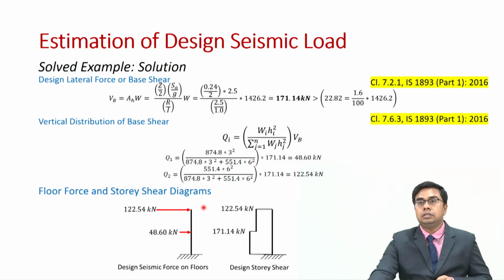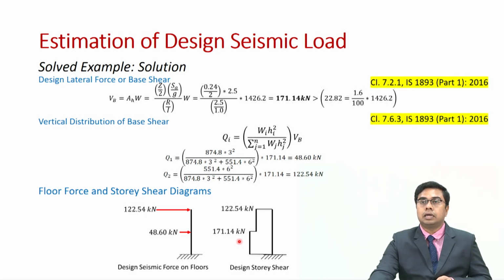Now this design seismic force on various floors is used to obtain the design story shear. How do we obtain the story shear? For the top story, the story shear shall be equal to this very force, 122.54 kilonewton. At the bottom story, it is obtained as the sum of all the forces being applied above it. So that shall be 122.54 plus 48.60 kilonewton, which gives us 171.14 kilonewton.